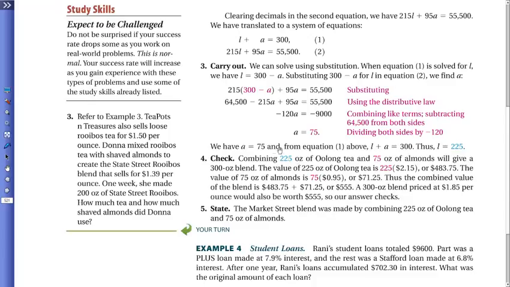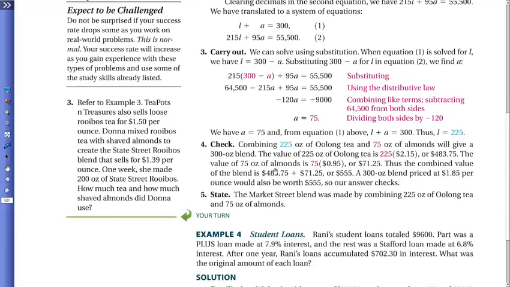But I need to check this also in the second equation to make sure that it is a solution to both equations, or the short version of what I just said, it's a solution to the system. So that's what they do, is they check that, and they put the value for A, 75 ounces, and the value for L, 225 ounces, back into this original second equation, and make sure that it makes this true too.